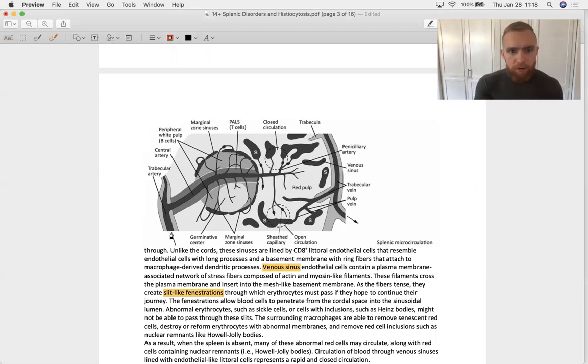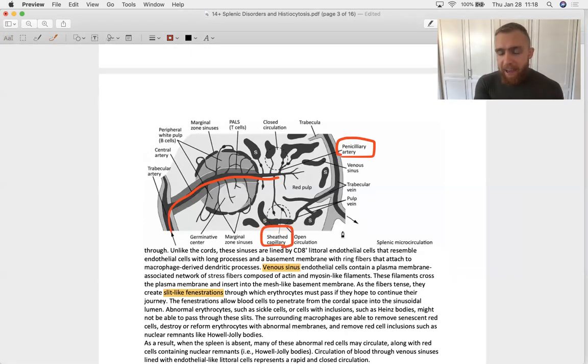So this is a great diagram showing you really the splenic circulation with a directional component to it. It's going to enter through these arteries and go from the white pulp to the red pulp in a sequential fashion. And then blood will pass through these penicillary arteries and then eventually through sheathed capillaries, which is where filtration occurs.